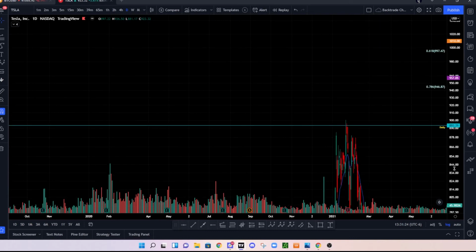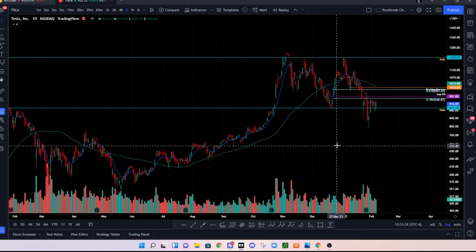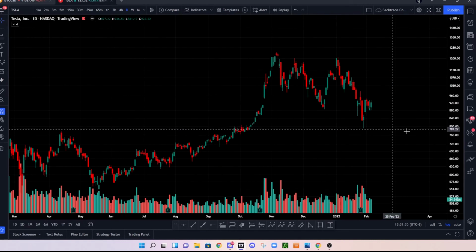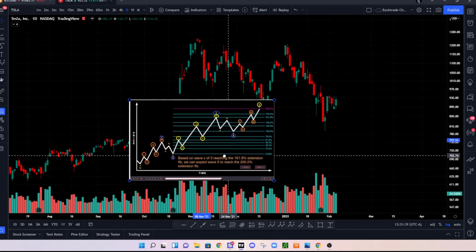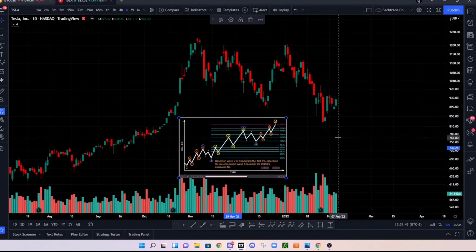One quick example I wanted to show was on Tesla, where I thought this could have been beneficial. So I'm going to take everything off. I'm going to take all my EMAs off, because this one's going to be to the downside. So we're going to plot our fib pinball on here again. This is off the daily chart. And admittedly, I did miss this trade 100%.